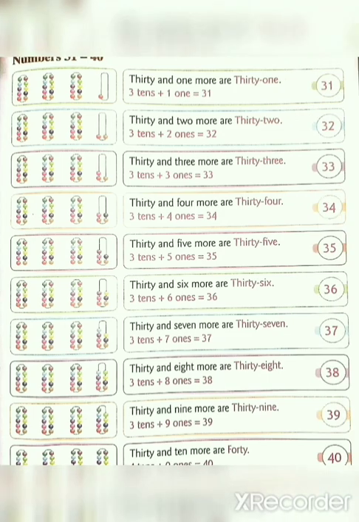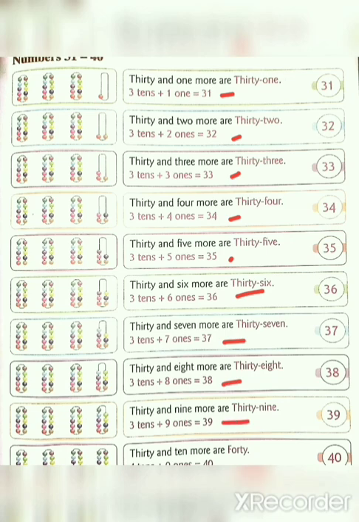In your book also you can see 3 tens plus 1 one, 31. 3 tens plus 2 ones, 32. 3 tens plus 3 ones, 33. 3 tens plus 4 ones, 34. 3 tens plus 5 ones, 35. 3 tens plus 6 ones, 36. 3 tens plus 7 ones, 37. 3 tens plus 8 ones, 38. 3 tens plus 9 ones, 39.